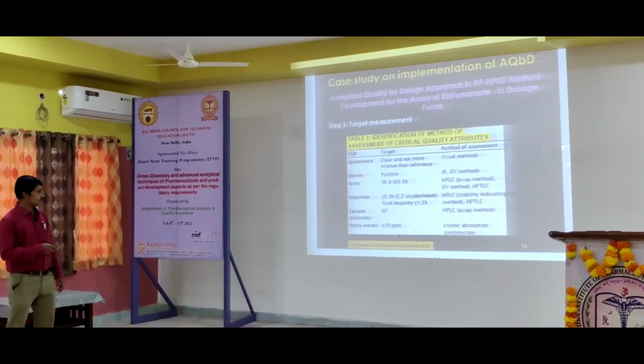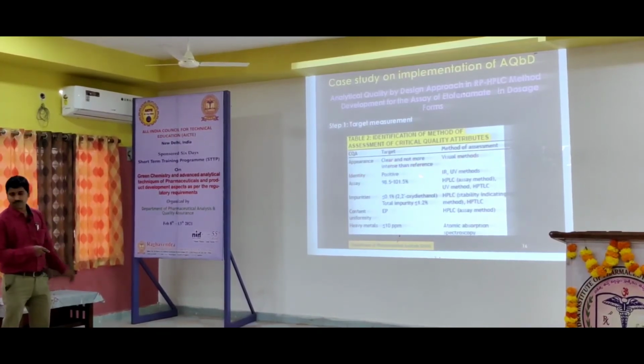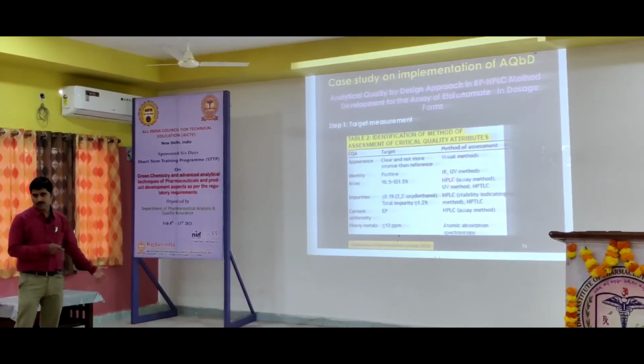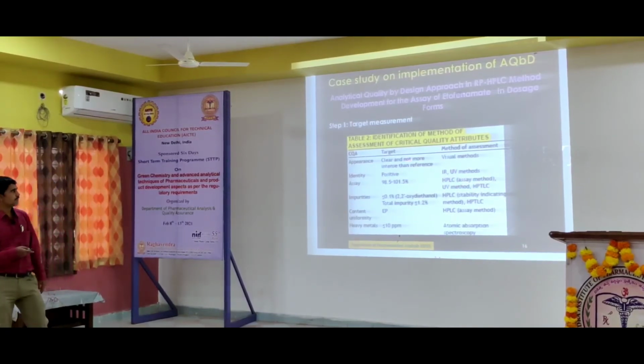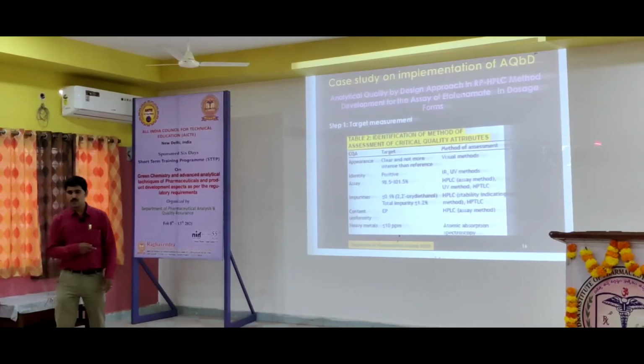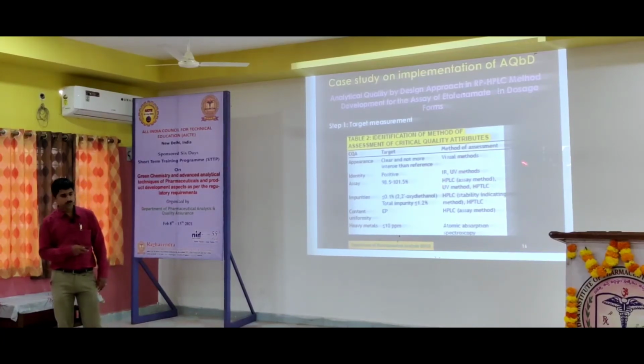Of course, appearance: whether it is clear or has any impurities, that we check by the visual method. And identity: that we can do by either IR or UV methods, lambda max, different functional groups. Assay 98.5 to 105 or 98 to 102 is acceptable; that we can do by HPLC, UV or HPTLC.